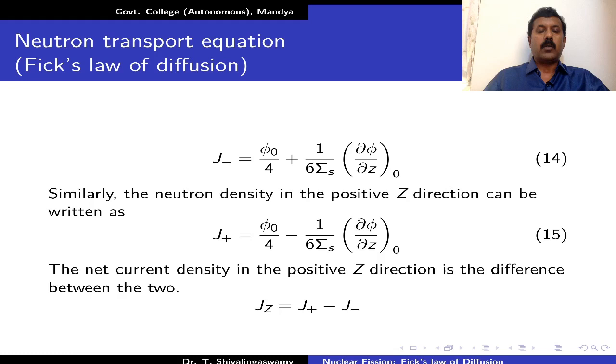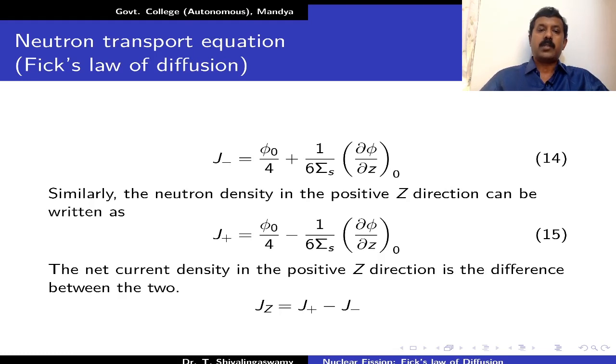J minus will be equal to phi naught by 4 plus 1 by 6 sigma s dou phi by dou z at origin. Similarly, for the positive z direction, that is obtained just by replacing plus by minus sign. This is anyway constant. That direction dependence is only through the second term.